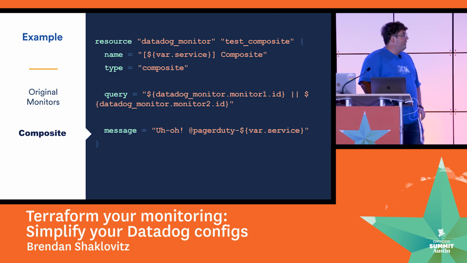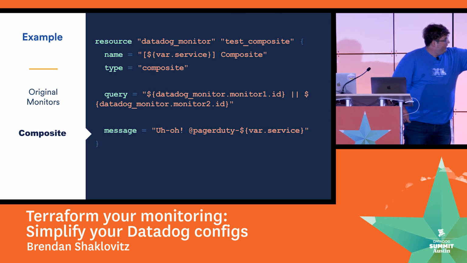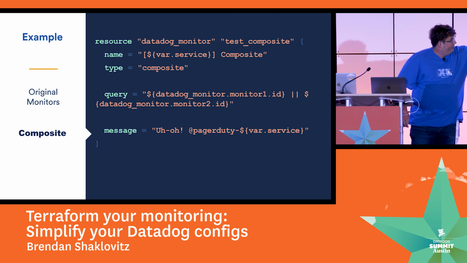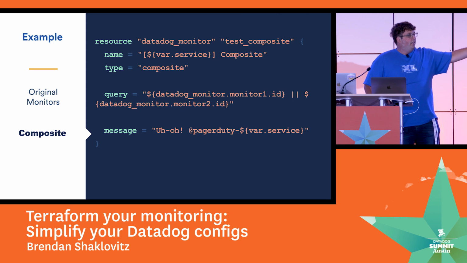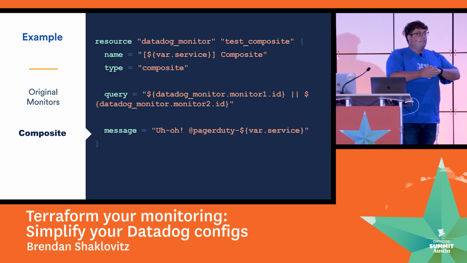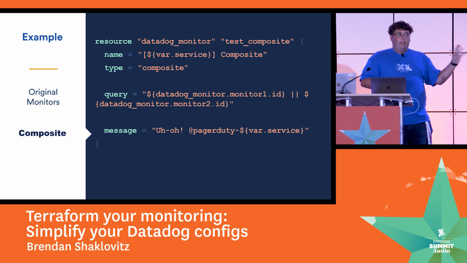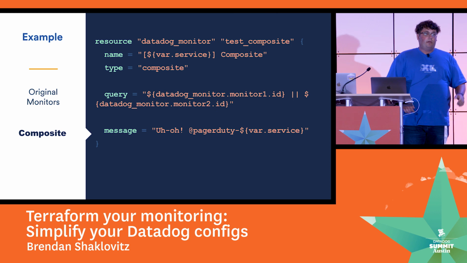And then the way that I would make my composite monitor is I'd say, OK, the query is the monitor 1 ID or the monitor 2 ID. If either of those are going off, I want to alert.